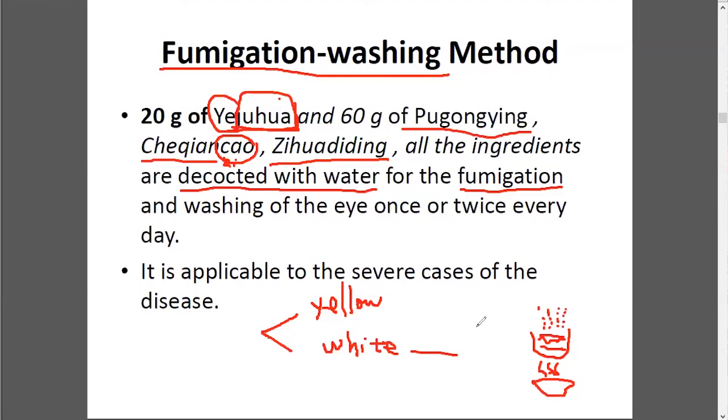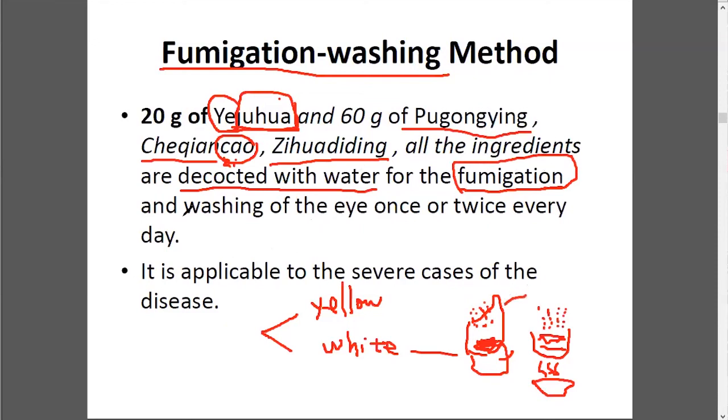Now we have special tools where you can put your whole face, and they use electricity to boil it. You put some water in there and herbs together, and then the steam comes out, and you use that steam for the eyes. So that's what fumigation means here. I'm not sure these are the right English words, but basically the meaning is like this.